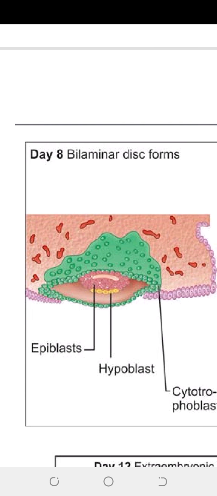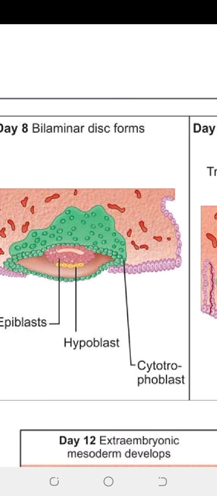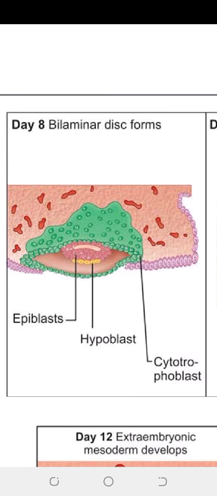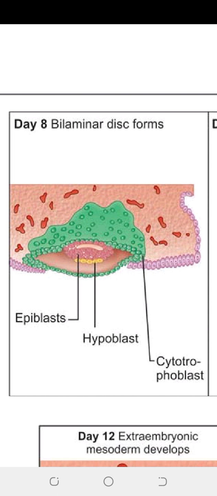You can see these are the cytotrophoblast, and the outer multinucleated zone without any distinct cell borders is known as syncytiotrophoblast. The syncytiotrophoblast is the hormone factory of the placenta.